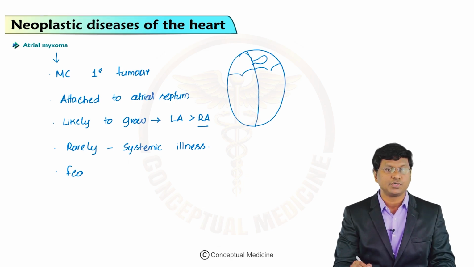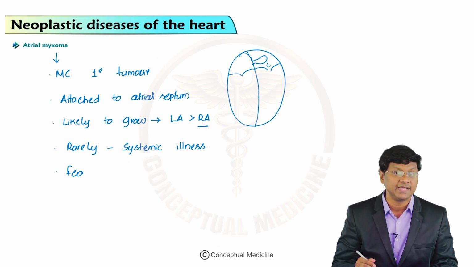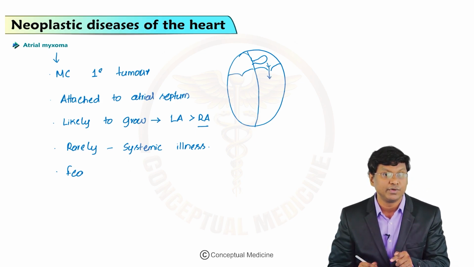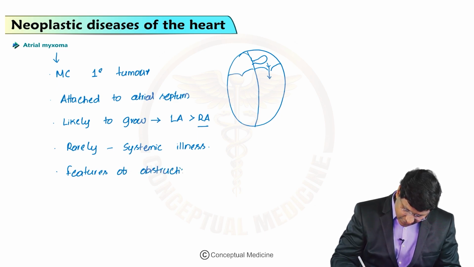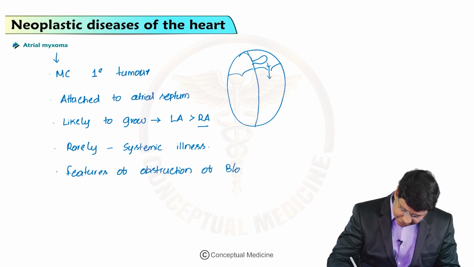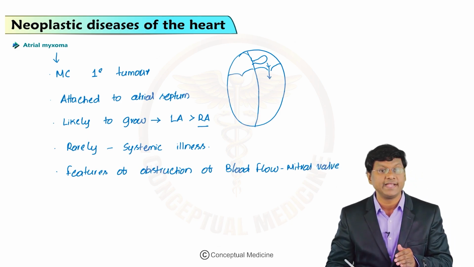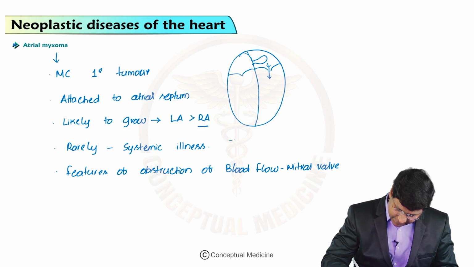The atrial myxoma, originating from the interatrial septum, can cause obstruction to the mitral valve inlet, so there will be obstruction of the blood flow at the mitral valve level, or they also have the signs of peripheral embolization.